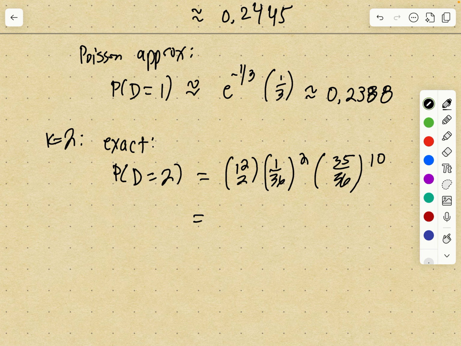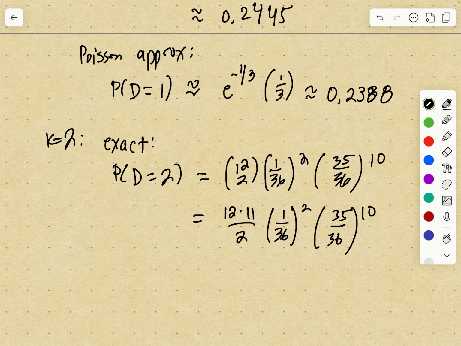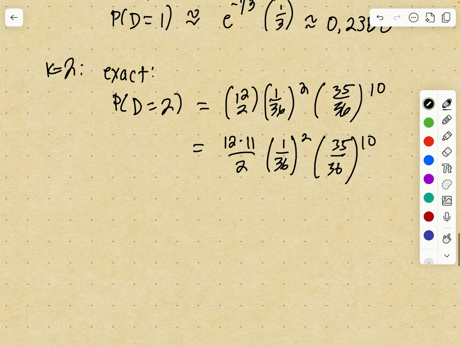Okay, let's just write it down: it's 12 times 11 over 2, right? Times 1 over 36 squared times 35 over 36 to the 10th power.